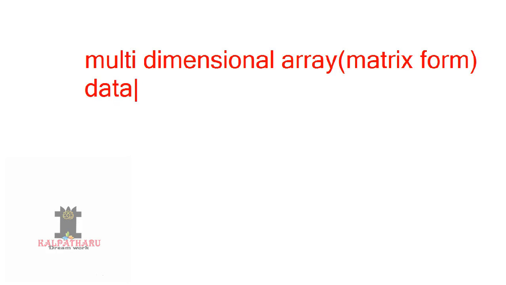See what the difference is. Data type, see here it is similar to, as I previously told about the single dimensional array, it is similar but with 2 square brackets. This is the array name here.